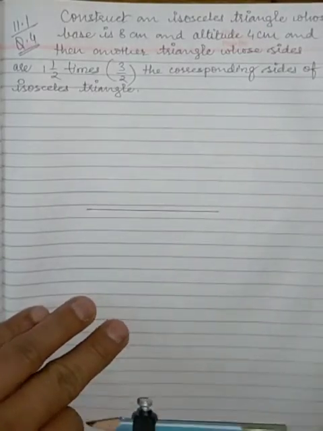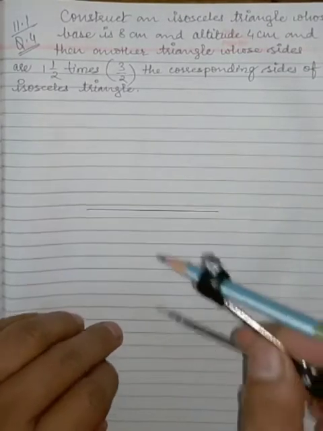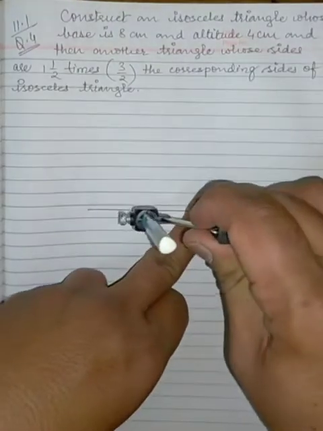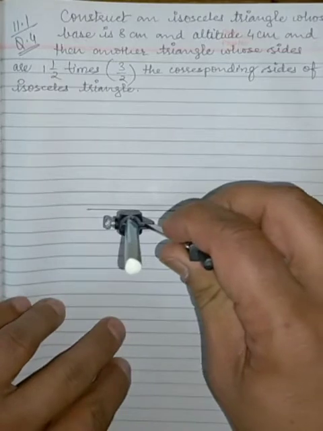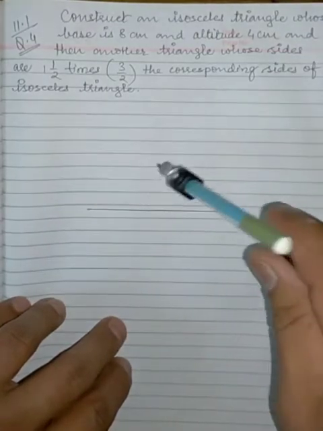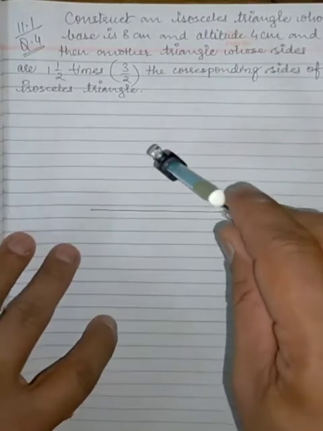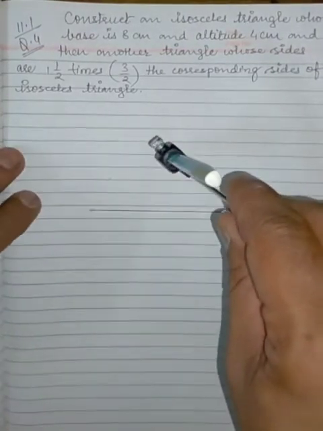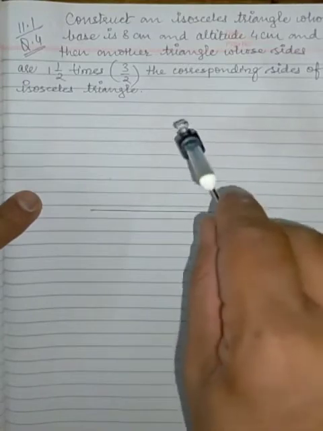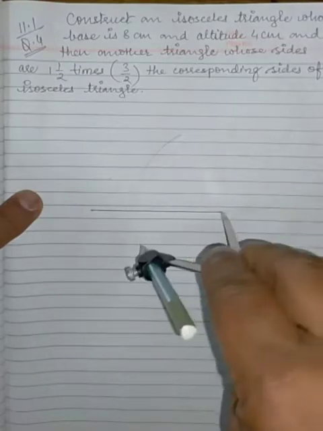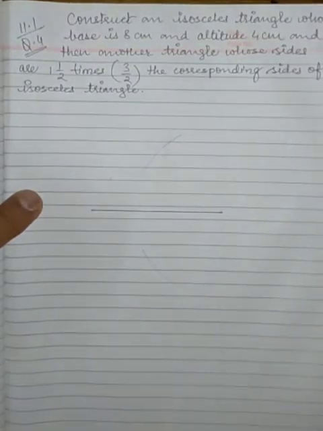Now we will find the perpendicular bisector of this base. For this, we will take a radius more than half of the base using our compass. Taking the radius more than half, we will draw two arcs from both the points, upward and downward. Using this point, draw one arc upward, one downward.